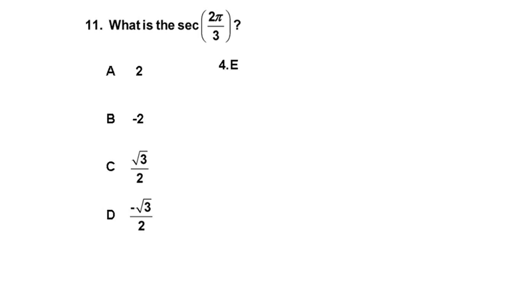Yeah, in this one there are numerous ways to do this. If you're not comfortable with radians, you can convert this 2 pi over 3 into degrees by multiplying it by 180 over pi radians.